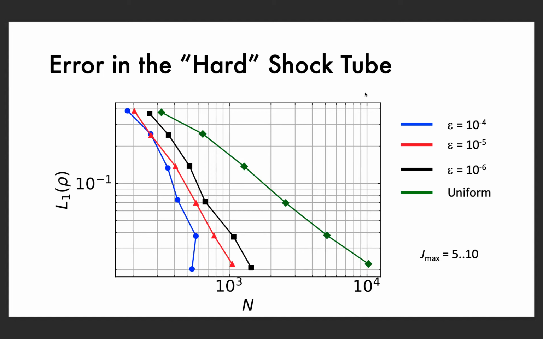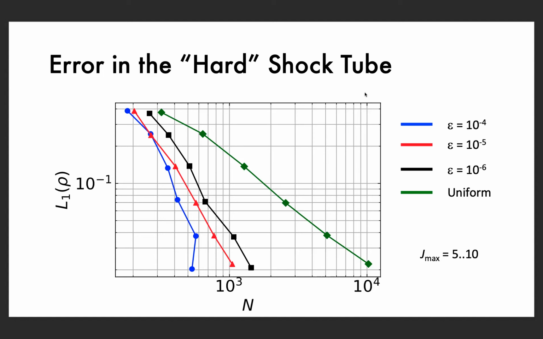So this figure shows, this turns out this is the hard Balsara shock tube problem, and it's showing the L1 error in the density function. The green line that's the furthest to the right shows the error as a function of the number of points used in the simulation for having a uniform grid at all of those levels. The other lines are using the wavelet refinement with different values of epsilon.